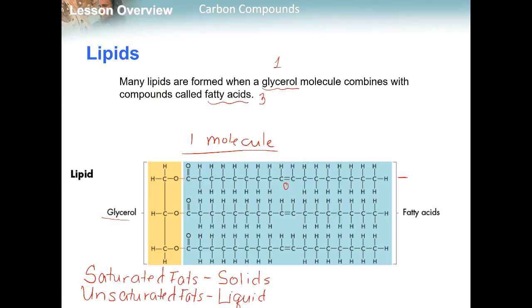So we can get a combination of these saturated and unsaturated fatty acid chains that would make the molecule have the tendency to be a liquid or a solid at room temperature. I hope that makes sense to everybody. If it doesn't, then ask me and we'll go over this in class. Don't be afraid to ask if you're not sure, because this is new for everybody.